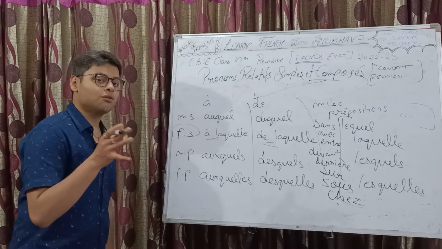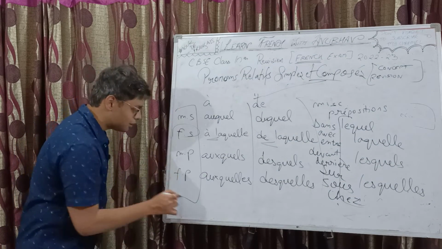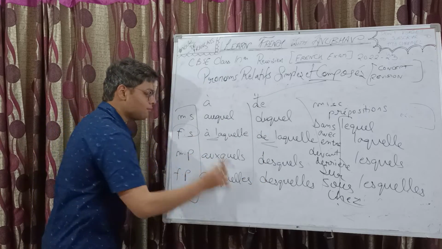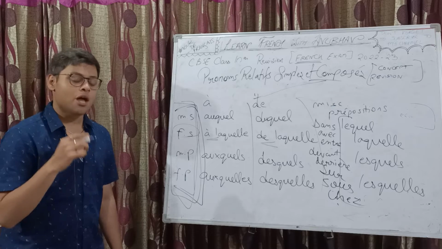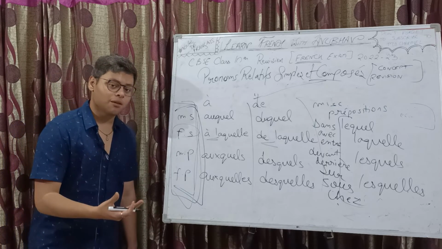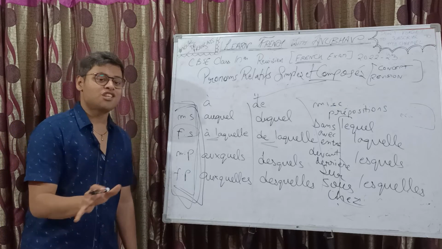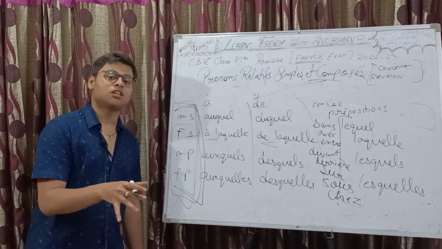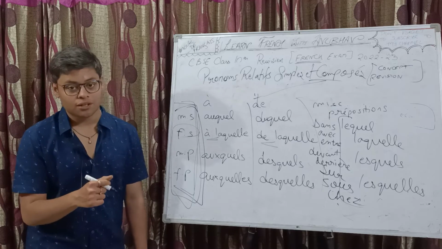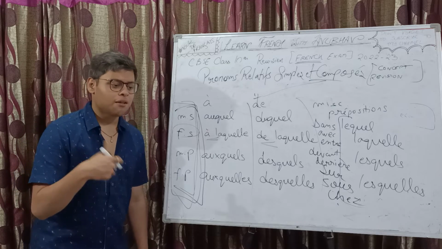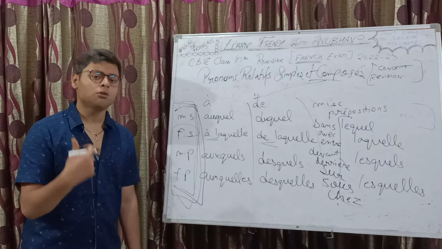So, what do we understand from this particular part? Pronoms relatifs simples remain unchanged if there's a change in the gender or in the number of the noun for which we are using the pronoun. Que will remain que, qui will remain qui, où will remain où, dont will remain dont.